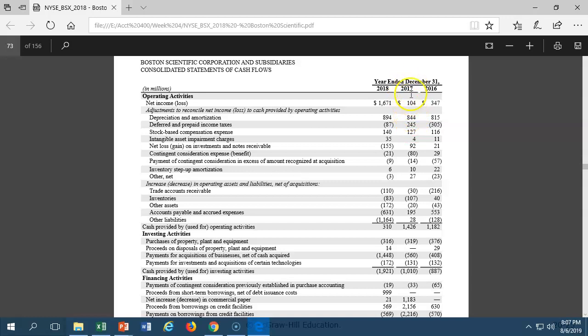Yeah, let's go through and analyze from 17 to 18 and just go line by line here. So obviously this would be something to research, like what caused the net sales, or I'm sorry, net income to increase.